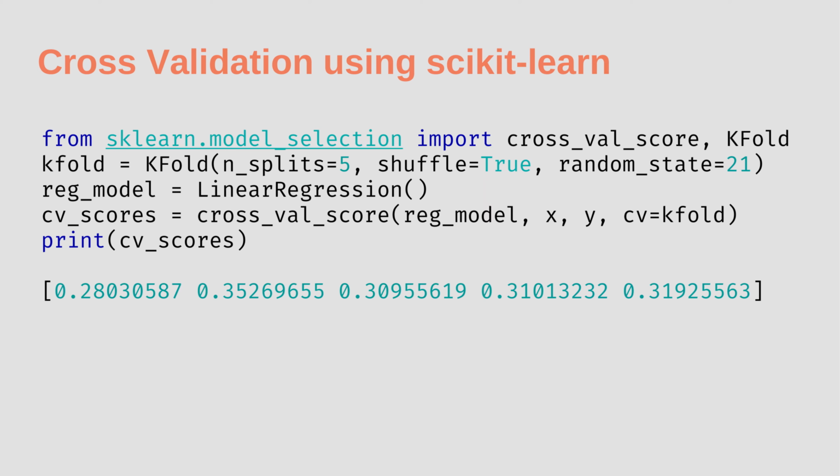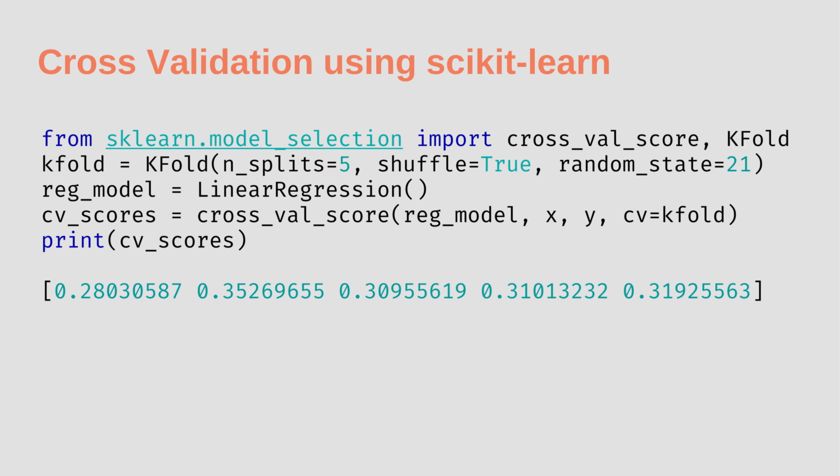To perform k-fold cross-validation in scikit-learn, we begin by importing cross_val_score from sklearn.model_selection. We also import KFold, which helps us control how the data is split. We start by setting up a KFold object. By default, it splits the data into 5 folds, but you can use whatever you want using the n_splits argument.